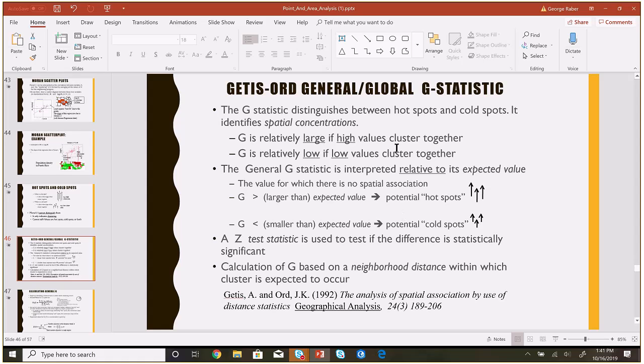In those areas where there's lots of high values clustering, or low values clustering, the statistic is interpreted relative to the expected value. In other words, it's relative to the trend line.